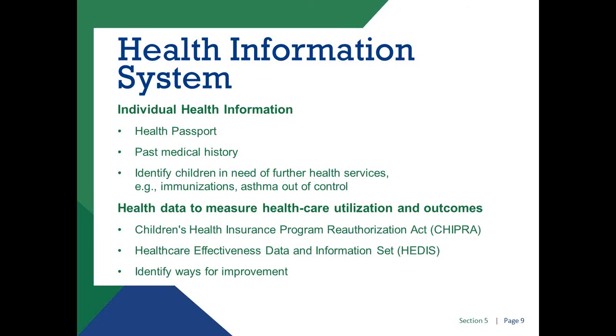Kids in home settings, which is kinship care, traditional or specialized foster care, do far better with their asthma than other kids in Medicaid, with significantly fewer hospitalizations and fewer emergency room visits.